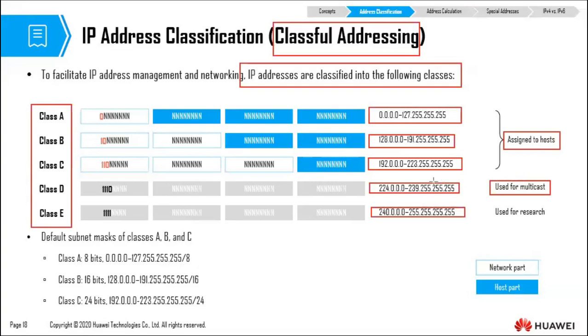So when we say that this range is used for multicast, it simply means, for example, if we have 6 routers and we've configured OSPF. OSPF is a dynamic routing protocol that is used to learn paths. We're going to look at it next week.